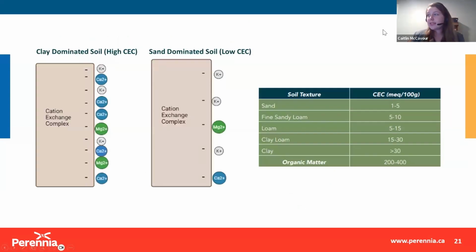Just to give you an example, these are some different soil texture ranges and their cation exchange capacity, but you can see that for organic matter, the cation exchange capacity is quite high. And this is just a visual representation. These are magnesium, calcium, and potassium ions that might be bound to the soil. In a clay-dominated soil with high organic matter, you're going to have a lot of these exchange sites. But in a sand-dominated soil with low organic matter, you're going to have fewer of those exchange sites.